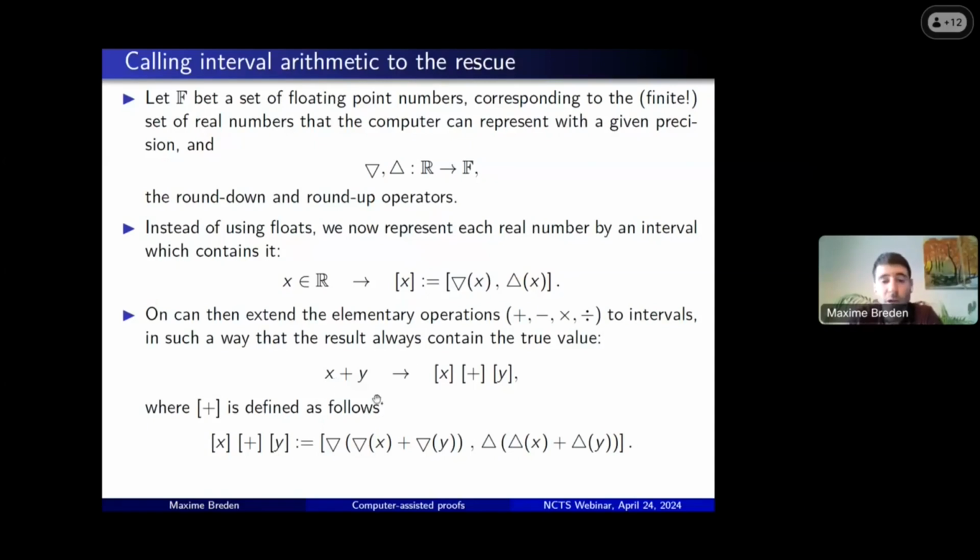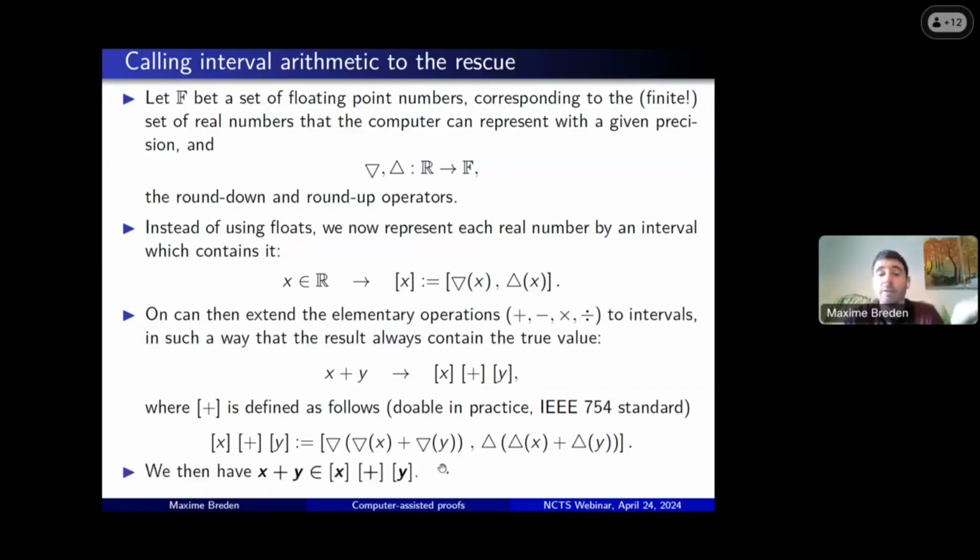So for instance, when you add two intervals, how should you do it? Well, you should add the lower bounds together and round them down, and on the other side, add the upper bounds and round them up. This way, it's guaranteed that the true real number x plus y is actually inside that interval. Maybe it's not 100% obvious that the computer can do it, but it can.